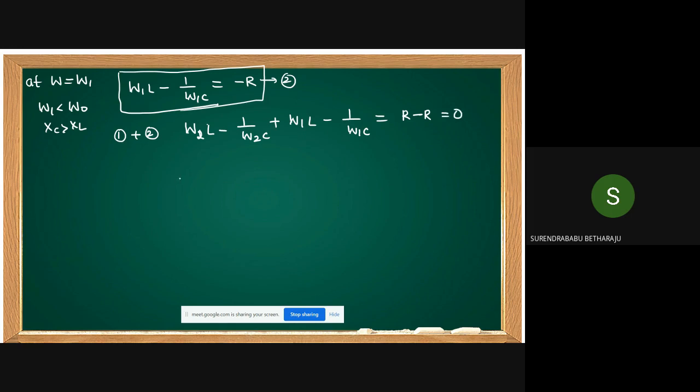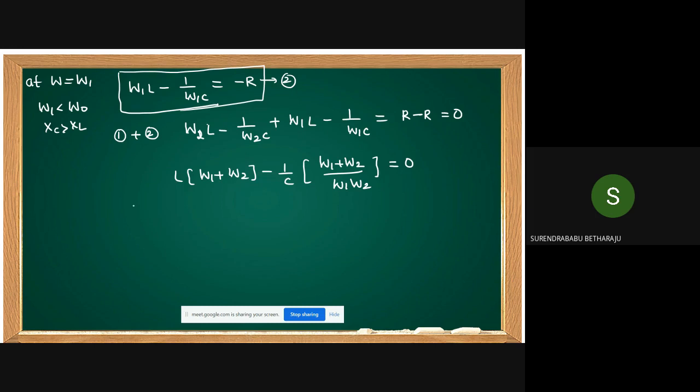Is it okay? Take L common, students: omega 1 plus omega 2. Minus 1 by C is common, and if you simplify that, what can you get? Omega 1 plus omega 2 by omega 1 into omega 2 is equal to 0.